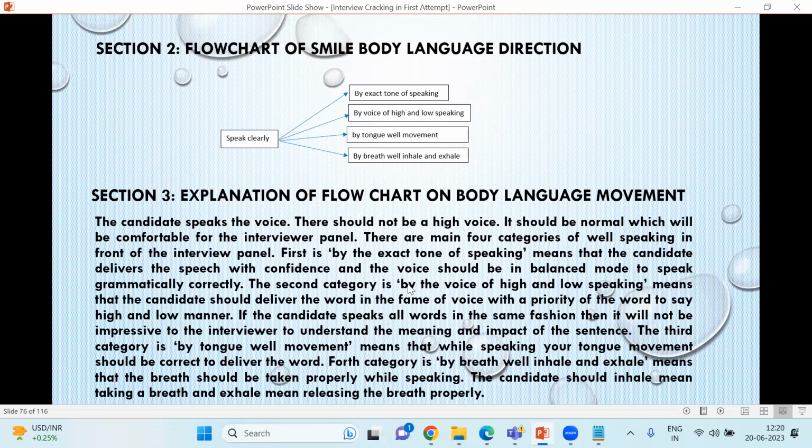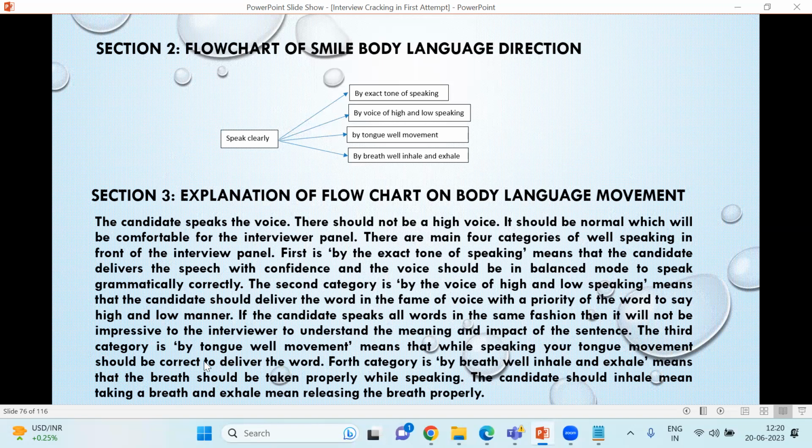The second category is the voice of high and low speaking, which means the candidate should deliver words with a priority on the word, in a high and low manner. If the candidate speaks all words in the same fashion, it will not be impressive to the interviewer, who needs to understand the meaning and impact of the sentence.